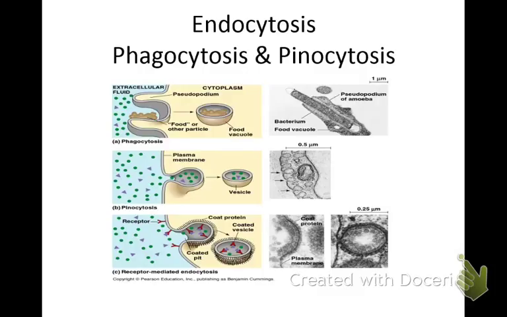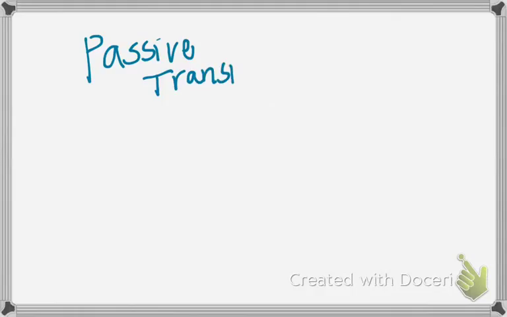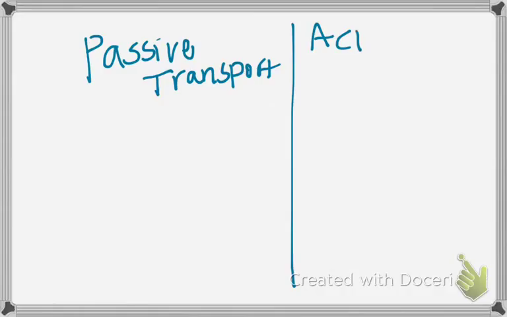Okay, flip your paper over. Just make sure you have this. Passive transport versus active transport. I want you to draw this on your paper. So flip your paper over on the back and draw this.